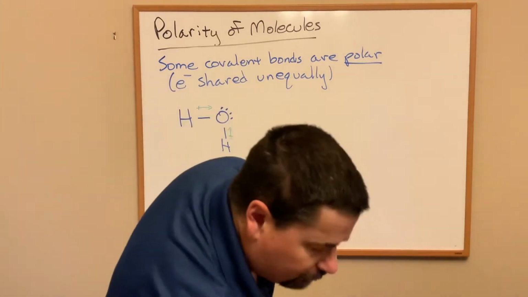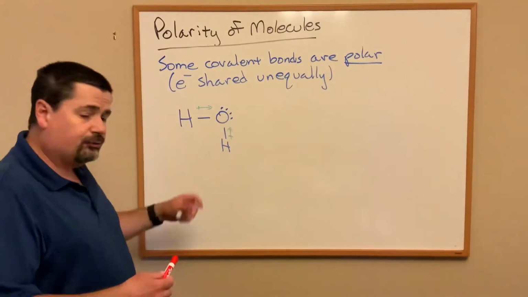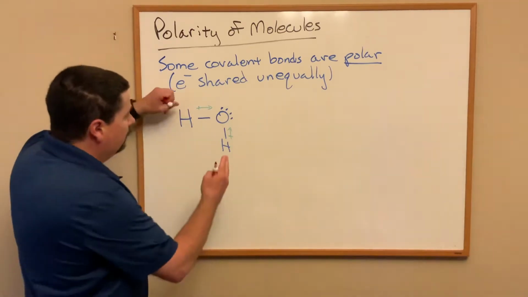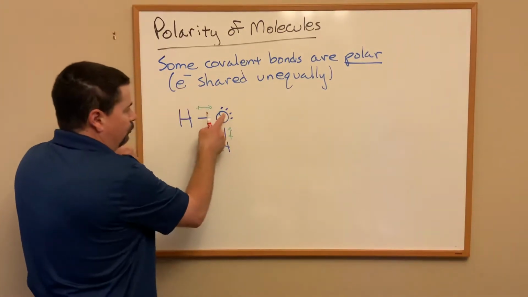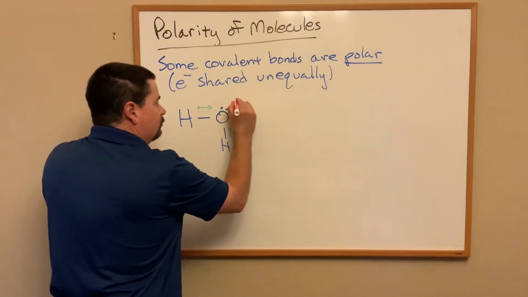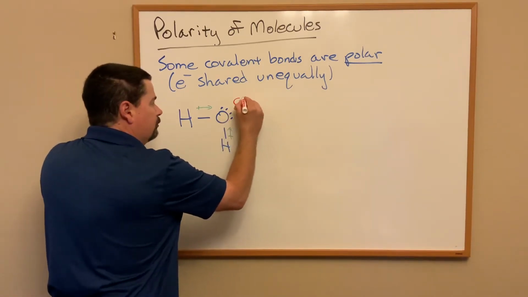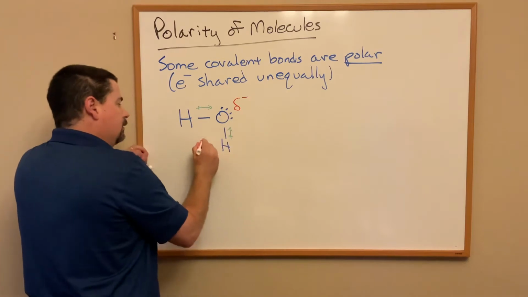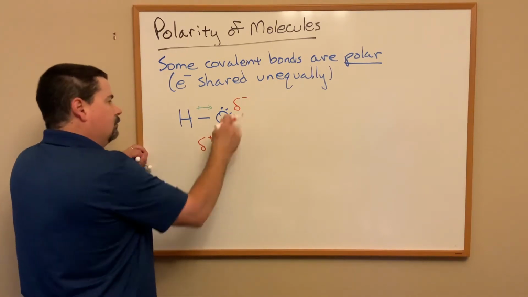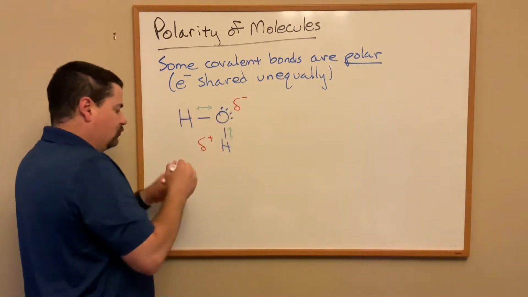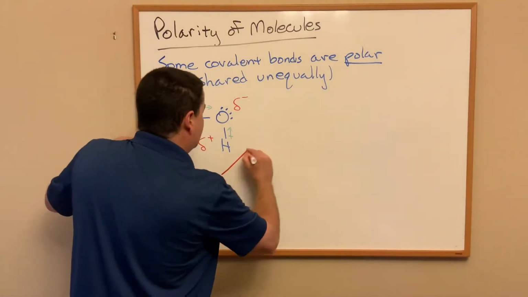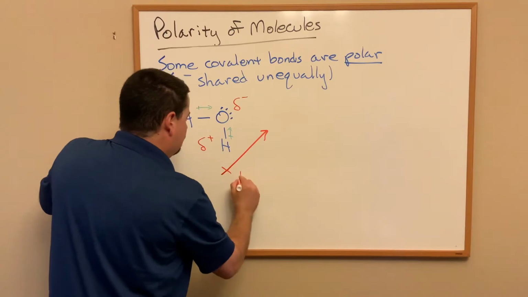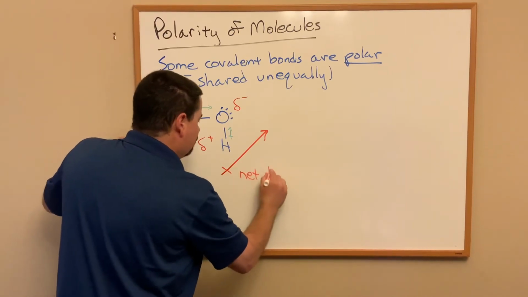What's important is we do have a significant electronegativity difference, and so we've got electron density pulled towards the oxygen, which gives us, and I'll use a lowercase Greek letter delta, a delta minus on the oxygen end and a delta plus on the hydrogen ends. And that gives us a net dipole.